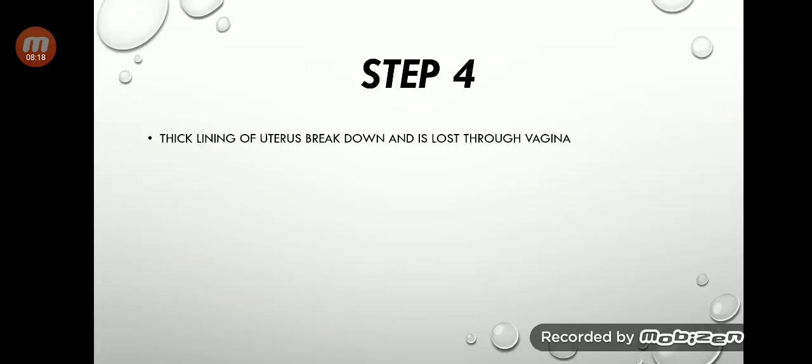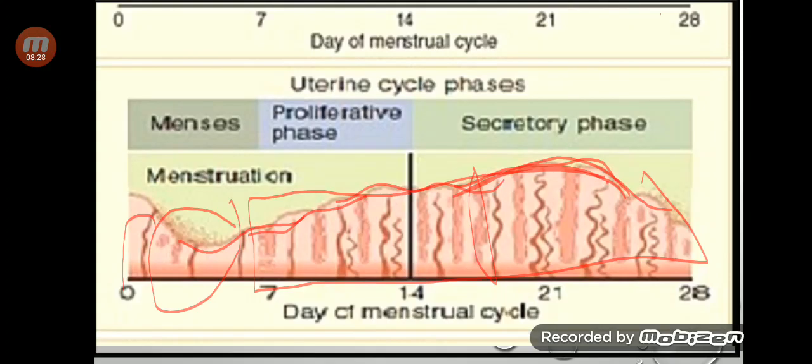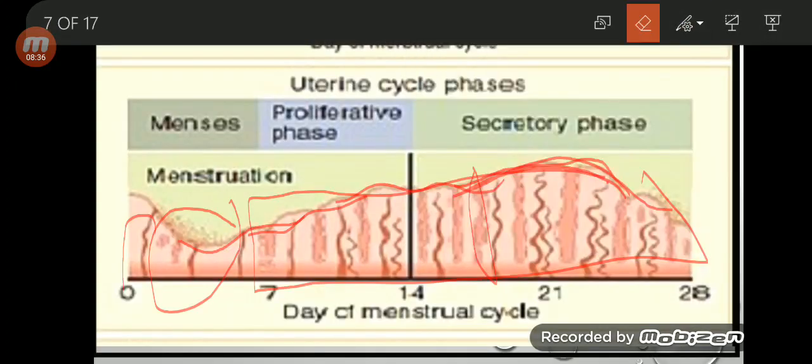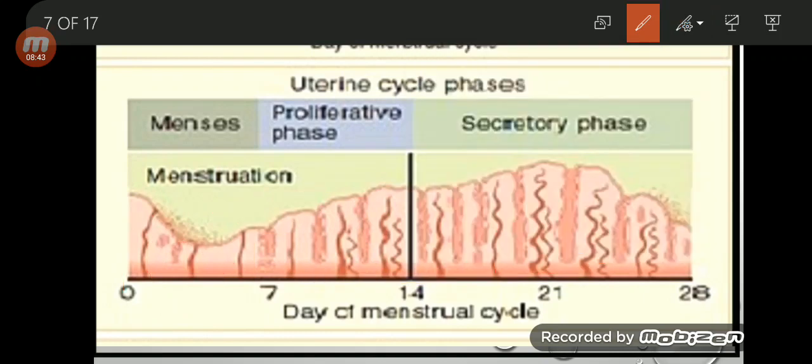Now, in the earlier diagram, here you can see that there is some blood. You can see the uterus lining is breaking down and it is releasing blood.